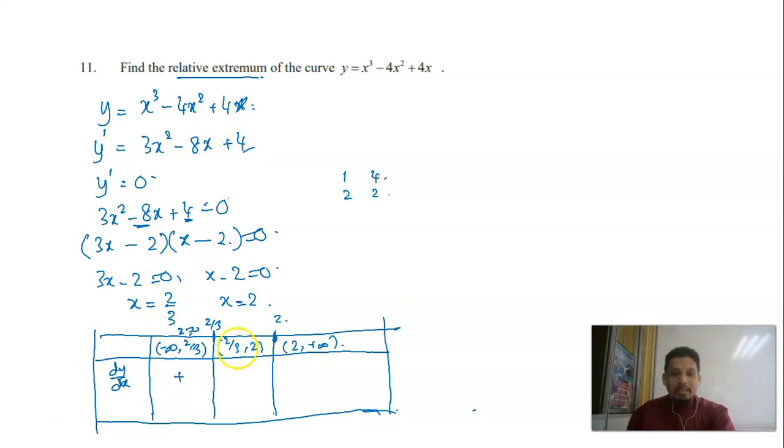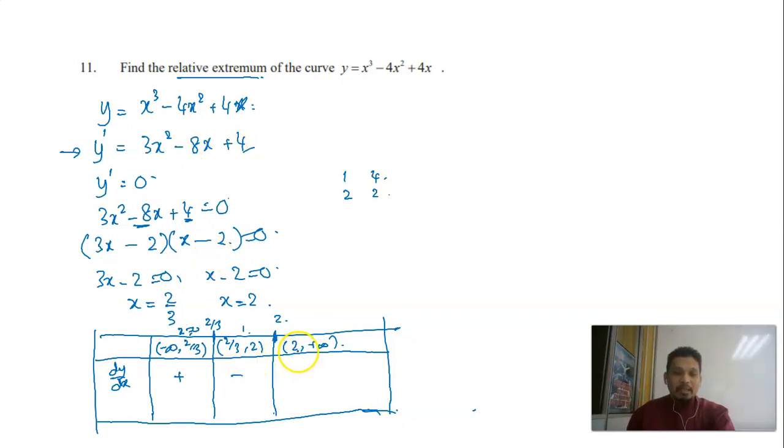Okay, and then between 2 over 3 until 2, make it 1. Let's say x equal to 1. So substitute 1 into y prime or dy/dx. So 1 squared is 1. 3 minus 8 equal to negative 5. Plus 4, negative 5 plus 4 equal to negative 1, negative.